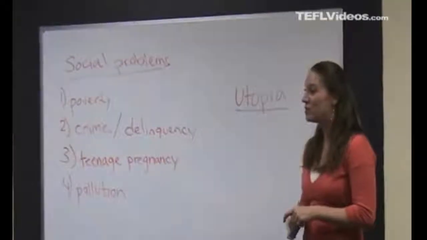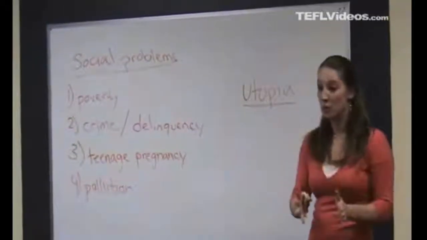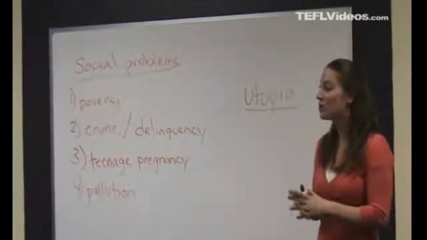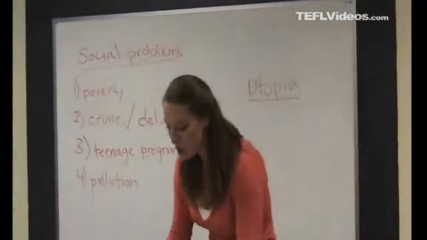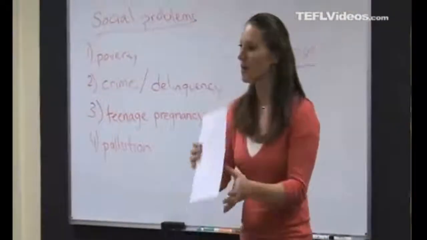You guys have heard that? So what we are going to do is we're going to split up into groups, and you guys are going to create your own utopia, your own island. Okay. You will also have a worksheet that will give you some examples of what you can put.